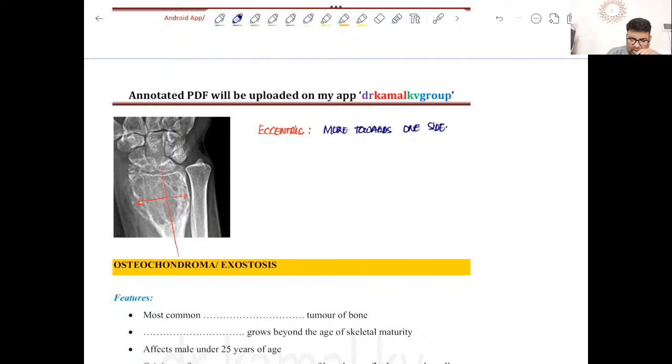And the second E is, of course, epiphyseal. I think most of you must be remembering that it is an epiphyseal tumor. So remember two E's: eccentric, epiphyseal. And of course, it is extending till the metaphysis from the epiphysis, and you will see a classical soap bubble appearance. Anyway, remember two E's here: eccentric, epiphyseal for giant cell tumor.